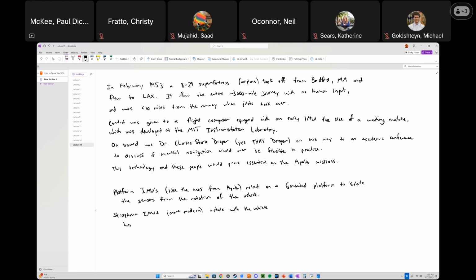So a few things to consider. Angular velocity is constant throughout a rigid body. Angular acceleration is not.